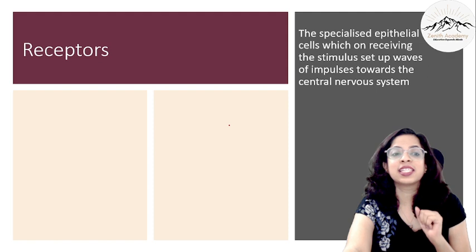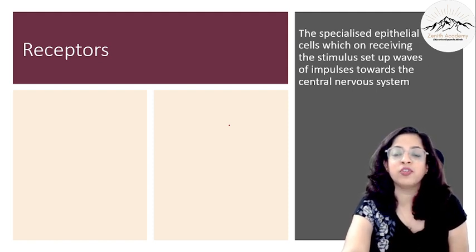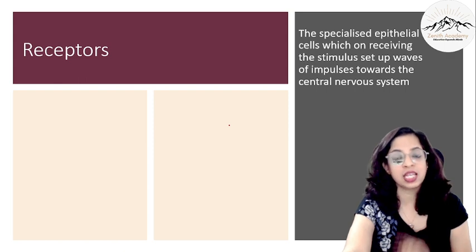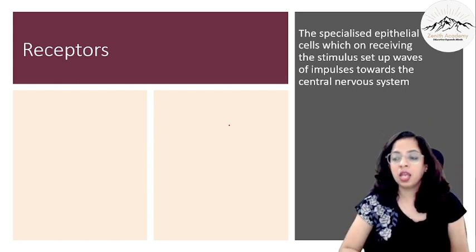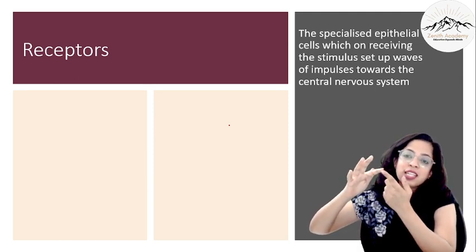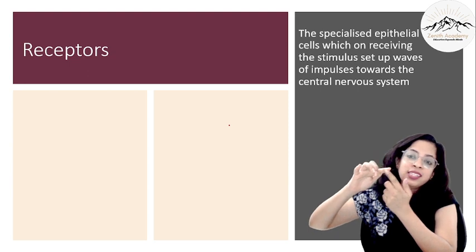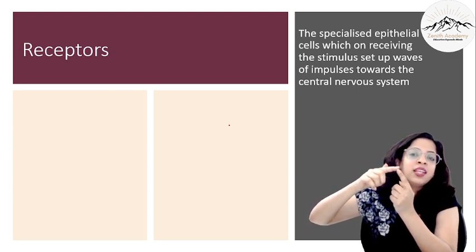Now what are receptors? The specialized epithelial cells which on receiving the stimulus set up the waves of impulse towards the central nervous system. Now when you are touching a hot object, this part of your finger has epithelial cells.